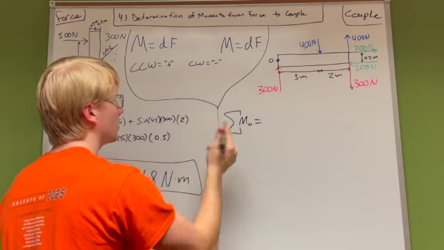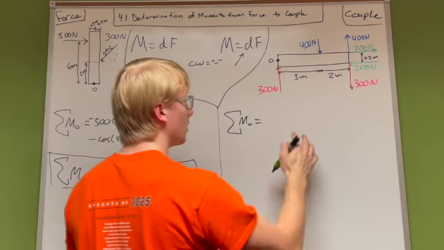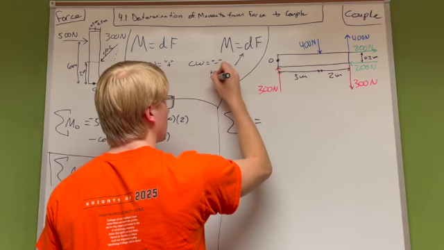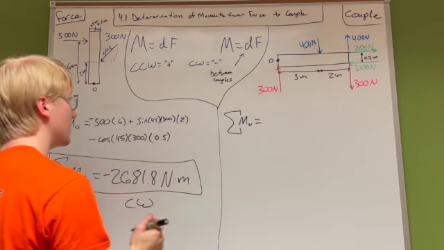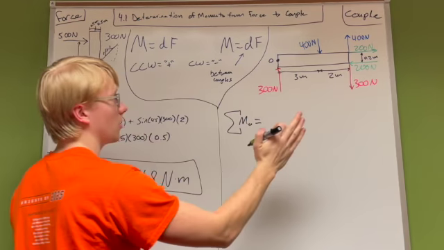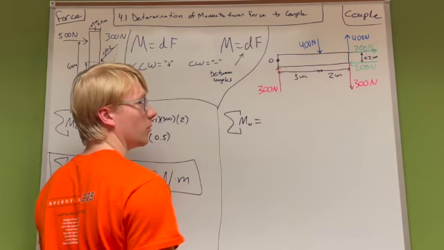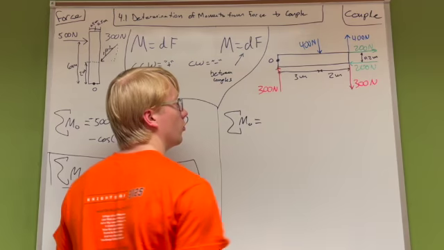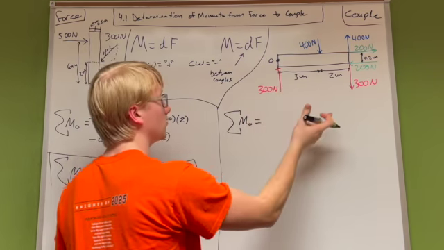Okay, this distance is the perpendicular distance between the couples, right? It's not from the point to the force, it's between the couples, right? And the force is just the force of one of the couples, force of each couple, right? So the force of the red would be 300, not 600. It would be 300. It would be the force of one of them, right?